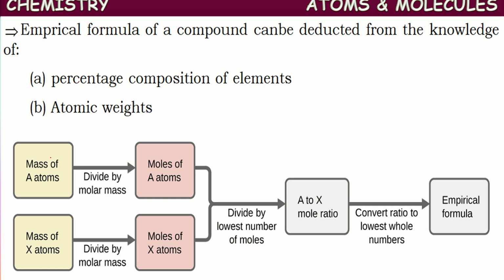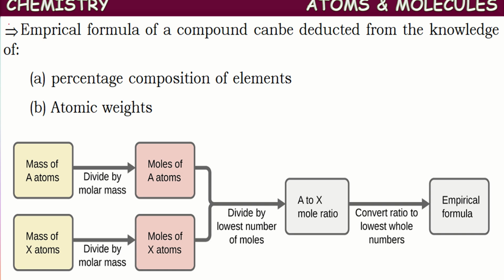Okay, how do we get that? With the help of mass percentages, nothing but percentage composition. For example, within a molecule, the percentage composition of element A is 75%. So the mass of A atoms is 75. The mass of X atoms you get as 25%, so the mass is 25.